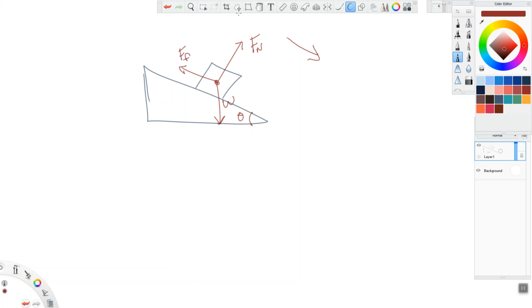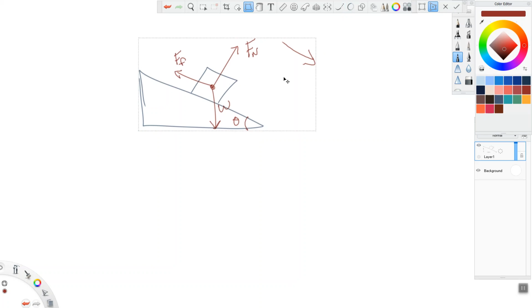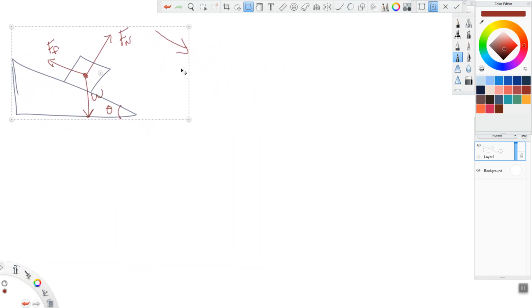Anytime you do this in class, you're immediately going to take your free body diagram, bring it off to the side, and redraw using the components. So I'm going to redraw those forces and leave my object behind. I've got weight downwards, force normal, and frictional force up the board.